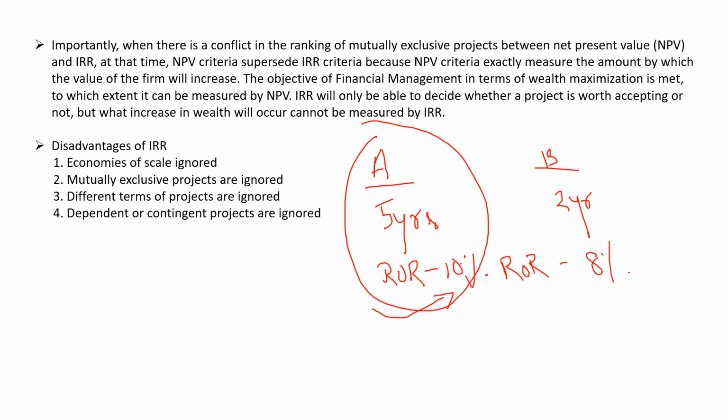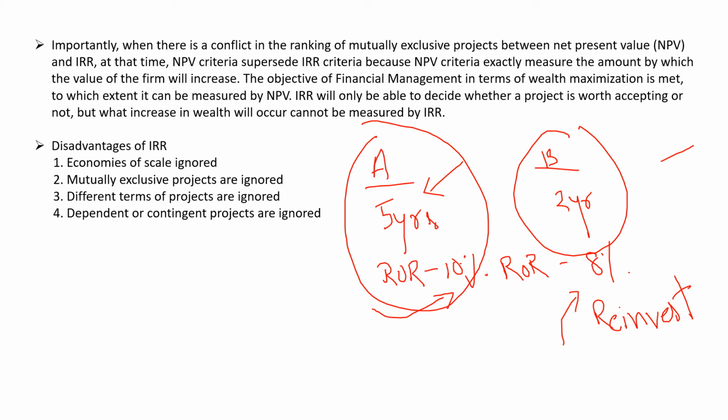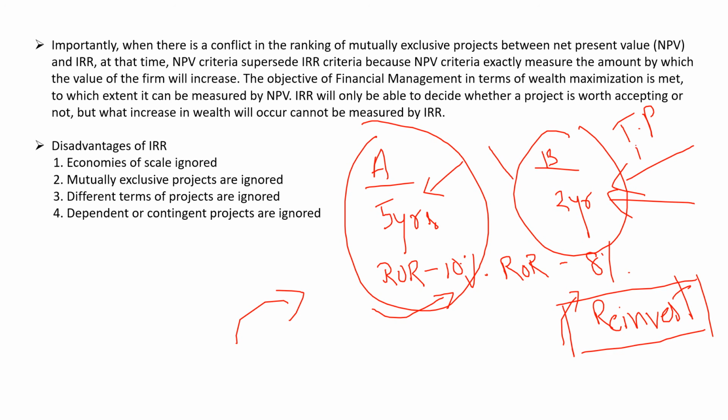But here you see the time period is also more. In project B, the return which we will be getting with 8%, we can again reinvest it. This reinvestment criteria is not taken into consideration in the IRR. That means the different terms of the project are not taken. If we reinvest the profit which we get from this project, we can earn more at that time. But that criteria is not being taken into consideration. That means the time period is ignored. Understood?